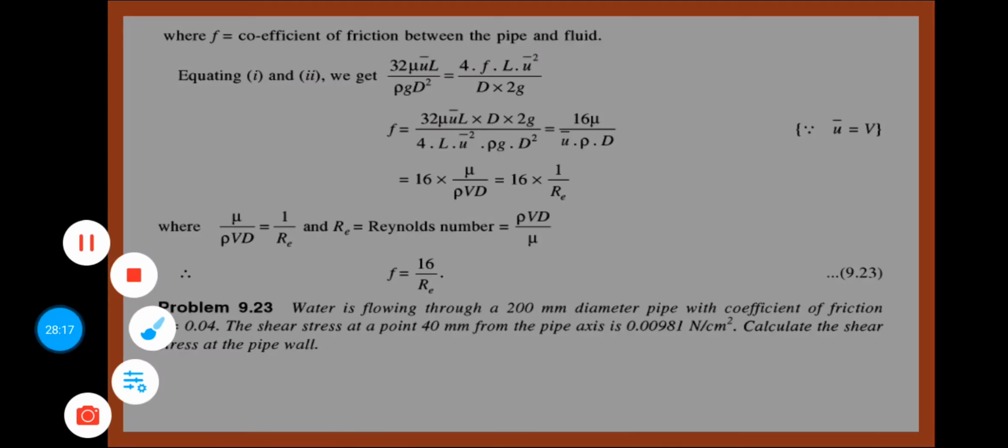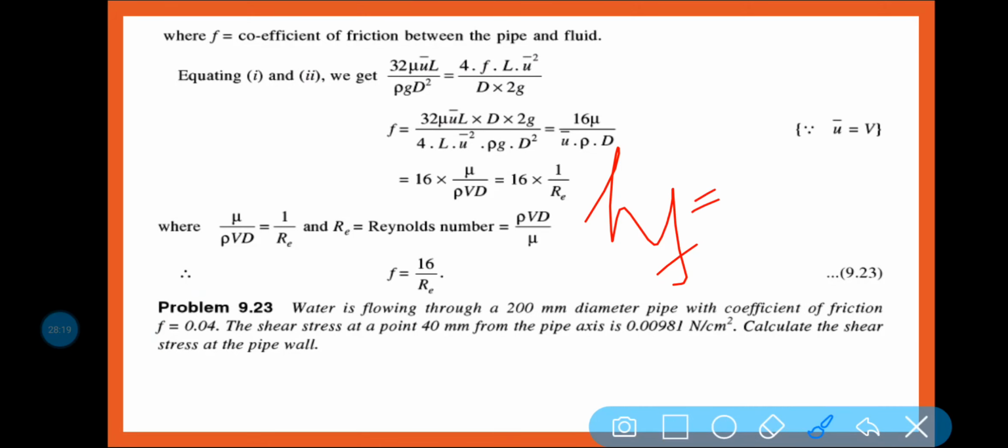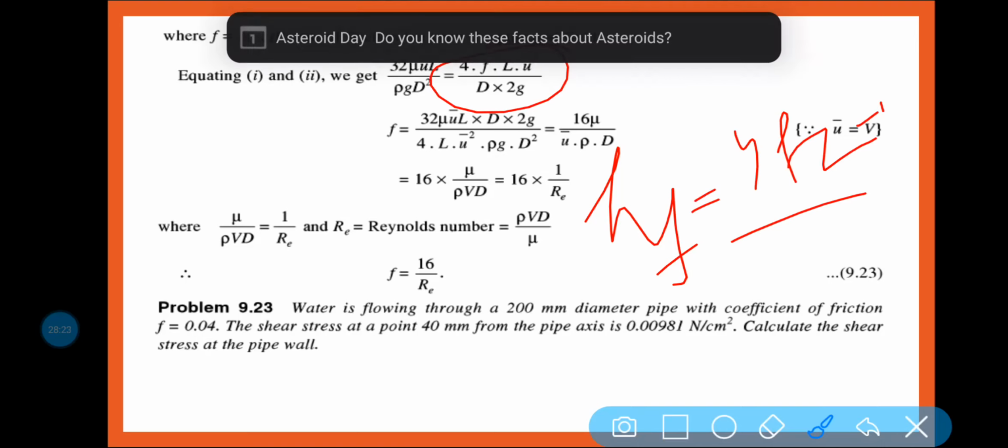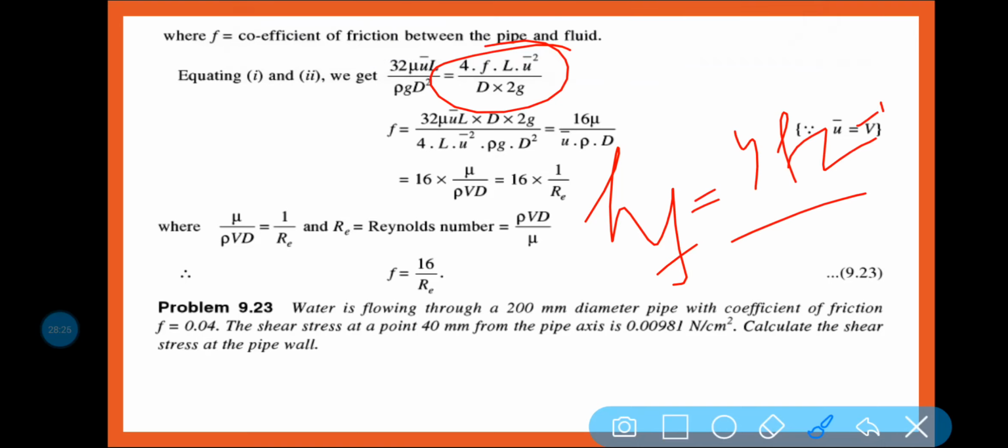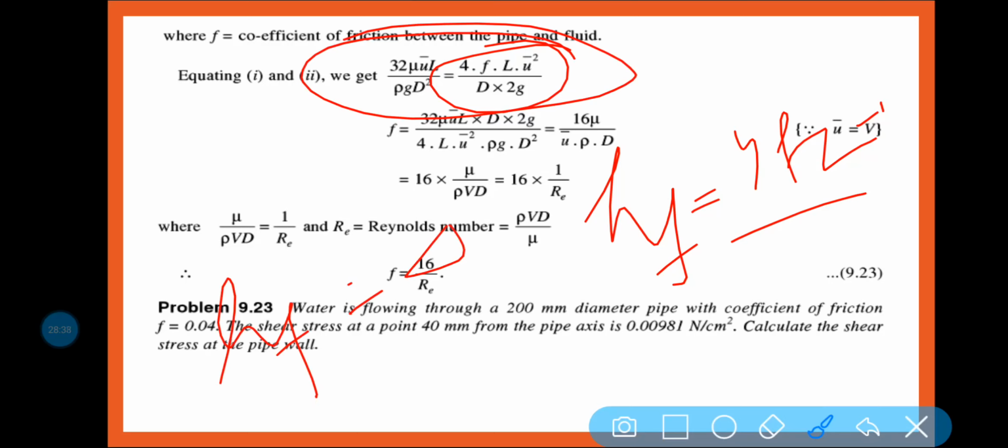Now, already I know that HF is equal to 4 f L V square by 2 g D, that is your Darcy-Weisbach formula. It will be discussed afterward when we will be discussing flow through pipe. HF is nothing but head loss due to friction. So that is nothing but the pressure head loss.